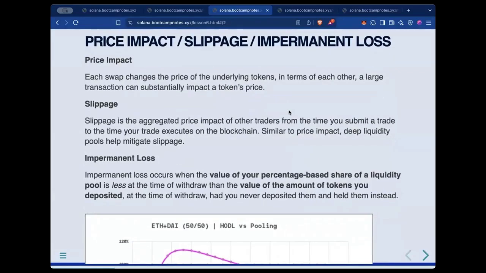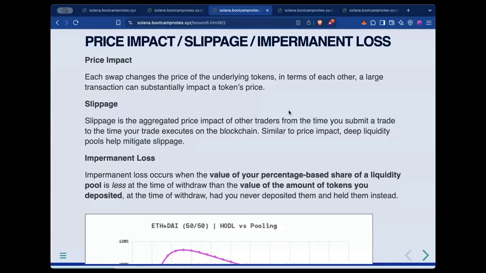But one thing to bear in mind is that when you are interacting with an exchange, you may not get quite what you expect, for a number of reasons. There's some terminology associated with decentralized exchanges, swaps and providing liquidity. The first one is price impact. This occurs when you do a very large transaction.